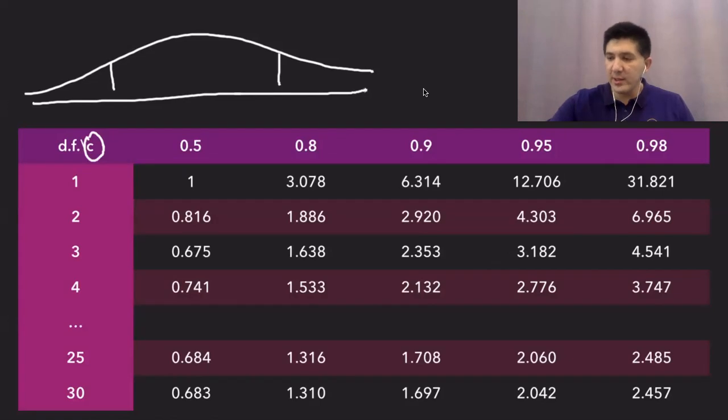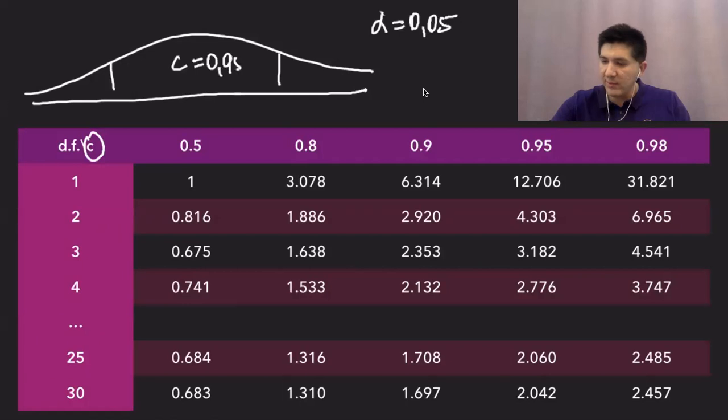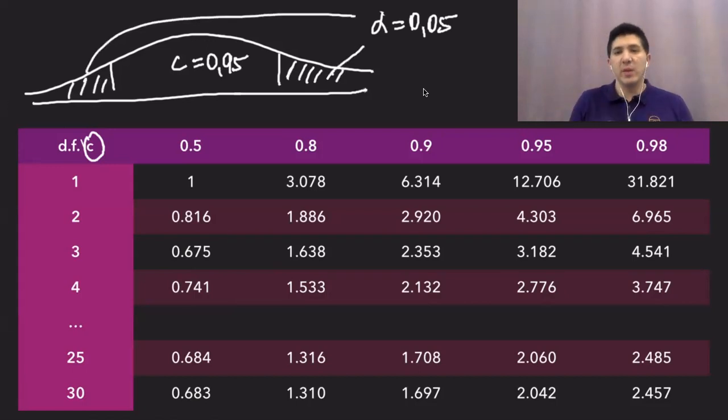So if alpha is given to be equal to 0.05, alpha is the area in both of the tails here, because our test type is the two-tail test. If it would be just the right tail test, for example, or the left tail test, then alpha would be just the area in one of the tails. So since this alpha is the area in both of the tails, the confidence level C here is going to be 0.95, so that the area on this tail plus the area on this tail is going to be equal to alpha, and the sum is going to be equal to 1.